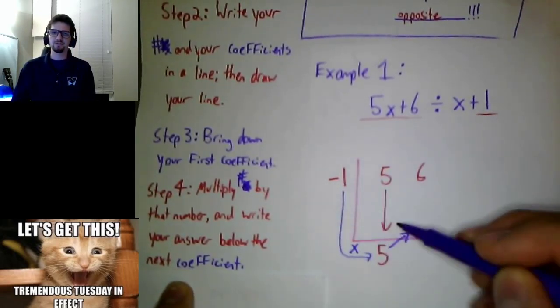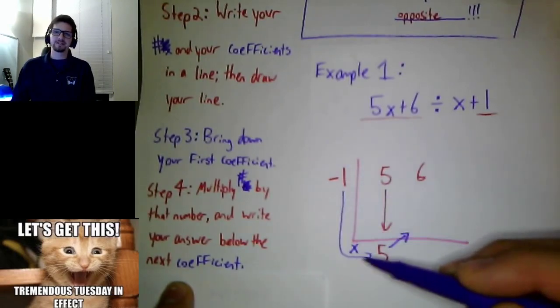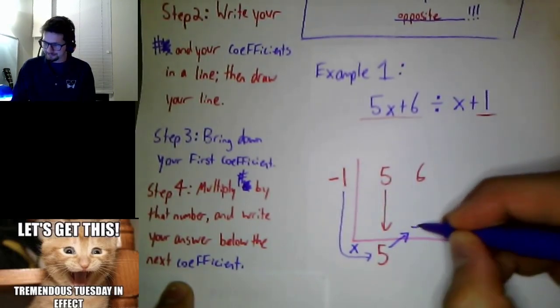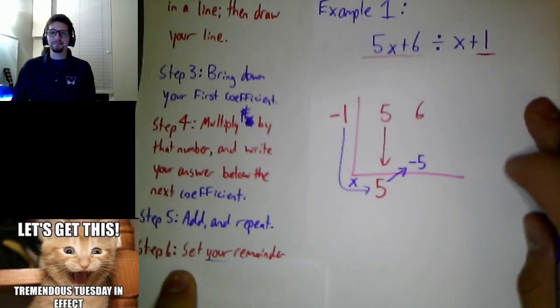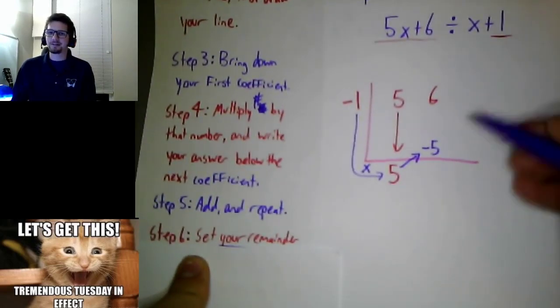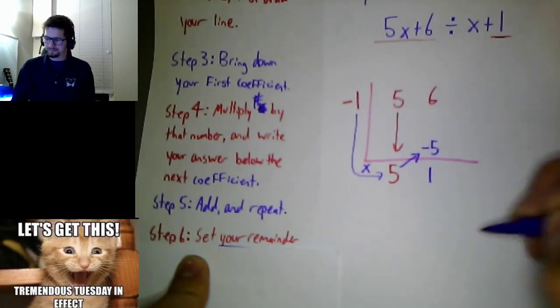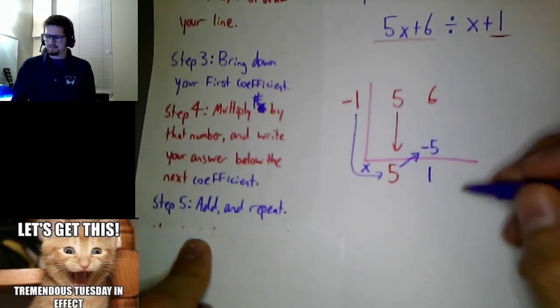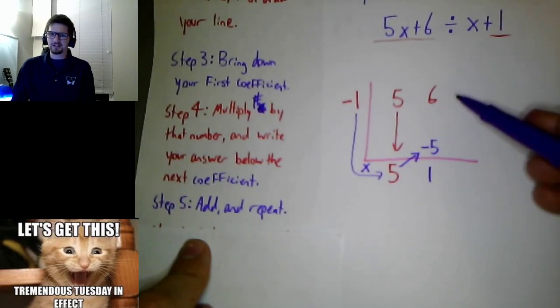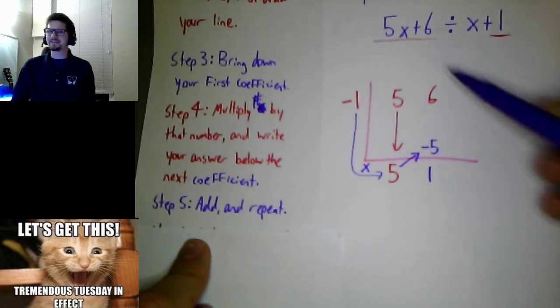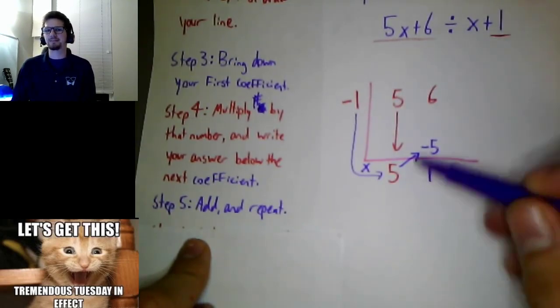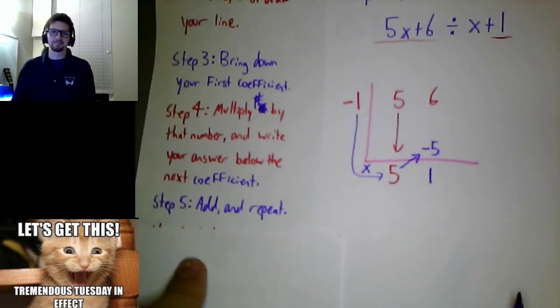So -1 times 5 gives me -5. Then you add, and you repeat until you're done. 6 plus -5 gives me 1. Do I have any more numbers to go? Nothing over here, so I'm done. This is the shortest possible problem. It only has 2 steps.